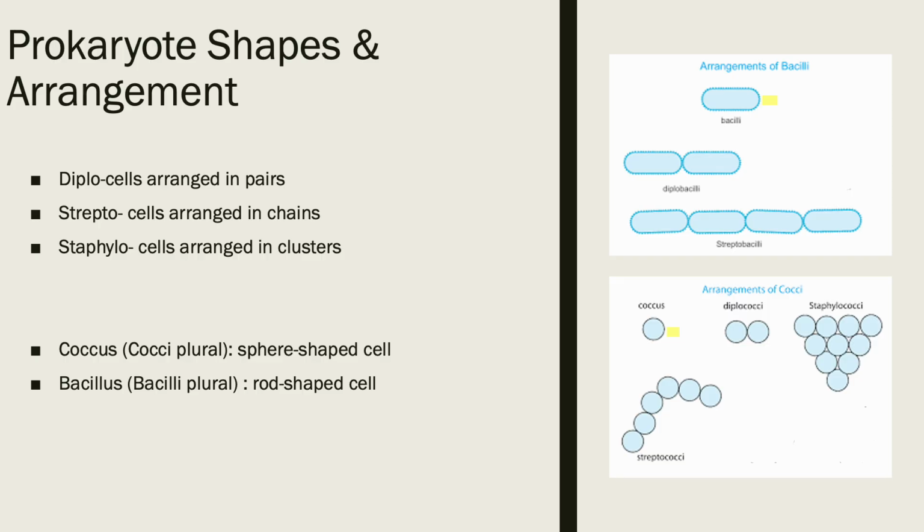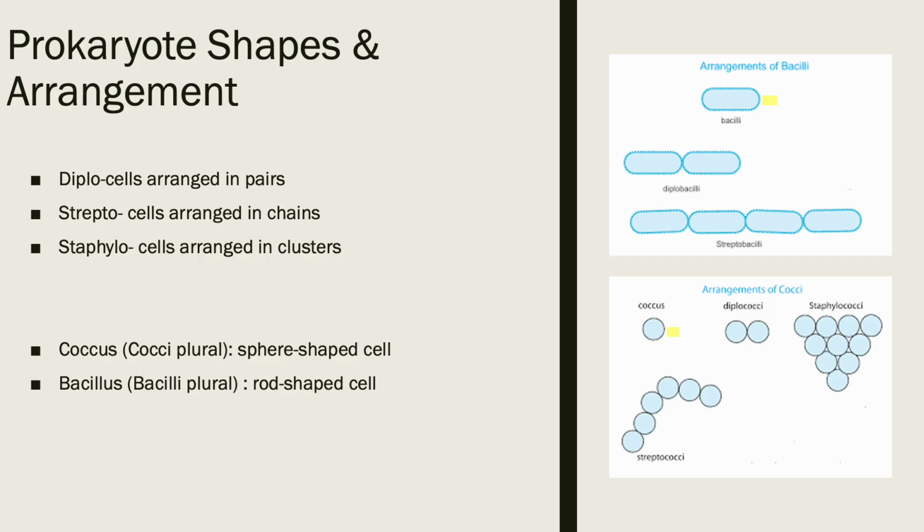So a single bacteria cell that is in a rod form or an elongated form, we call a bacillus, or bacilli is plural. If we have a singular bacteria that is sphere-shaped, we call that a coccus, or cocci if it is plural. So definitely be able to distinguish the two types of shapes. And by the way, there are many actual shapes for bacteria cells, but we will just learn these two.